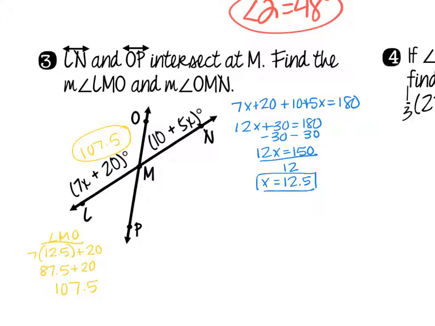And then for OMN, that's 10 plus 5 times 12.5. So 10 plus 62.5, so that's 72.5.